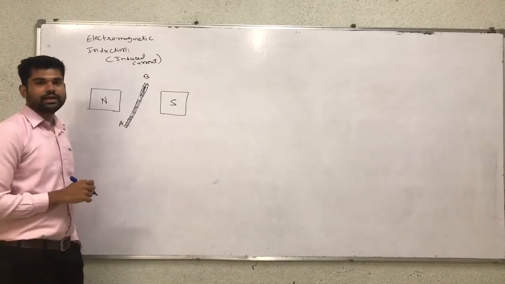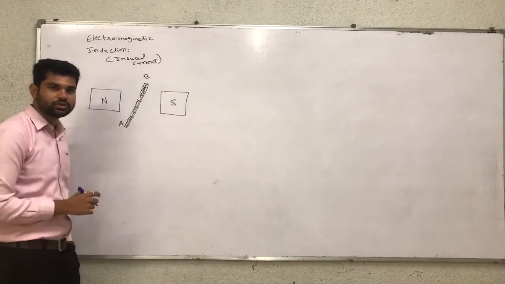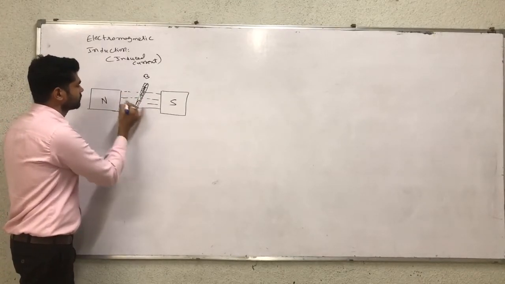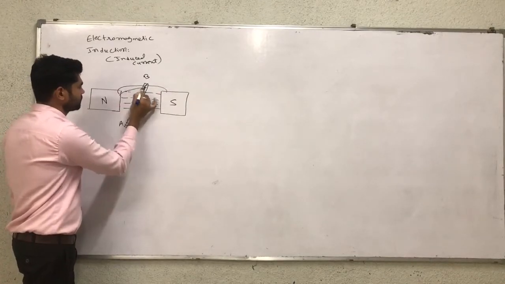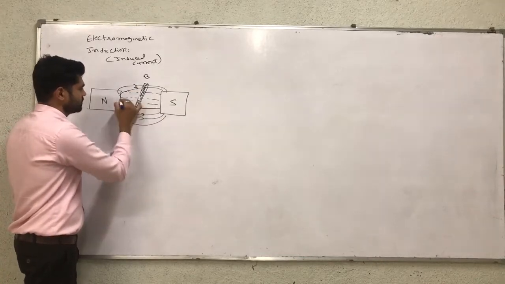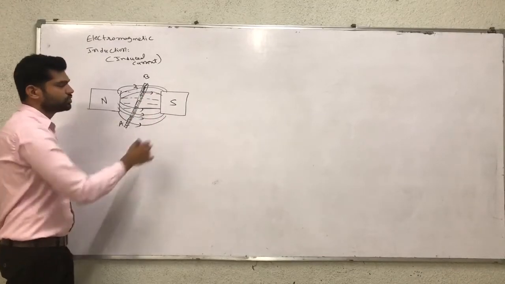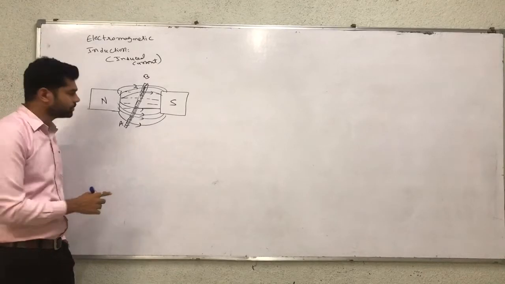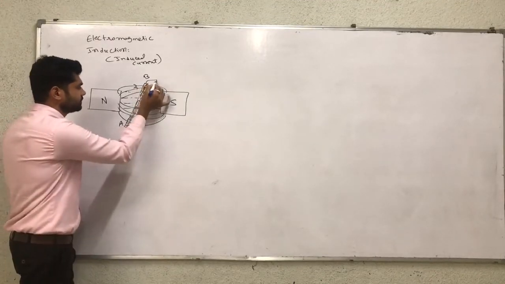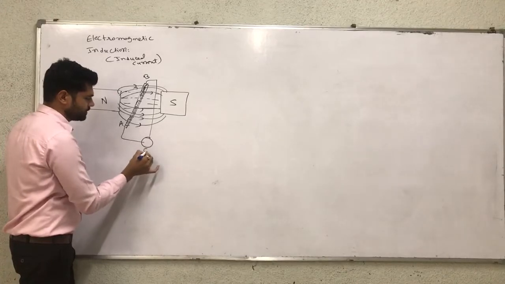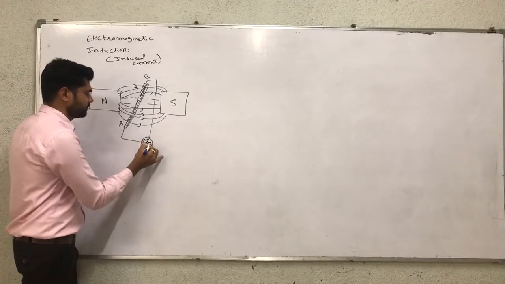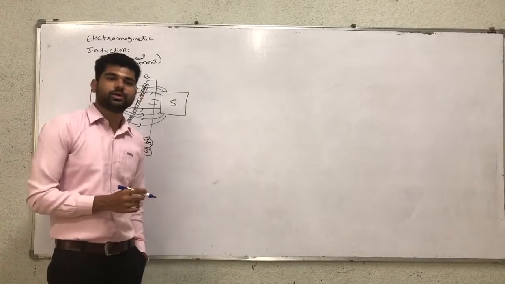Now the magnetic field lines move from north to south, and between these magnetic lines we put one electric conducting wire, and this wire is connected with a galvanometer G. A galvanometer is an instrument that detects the presence of electric current.